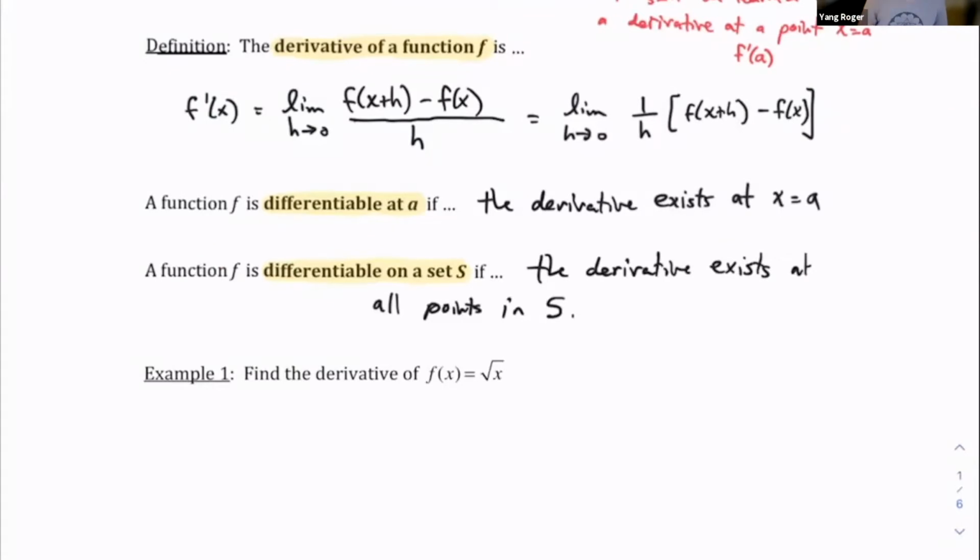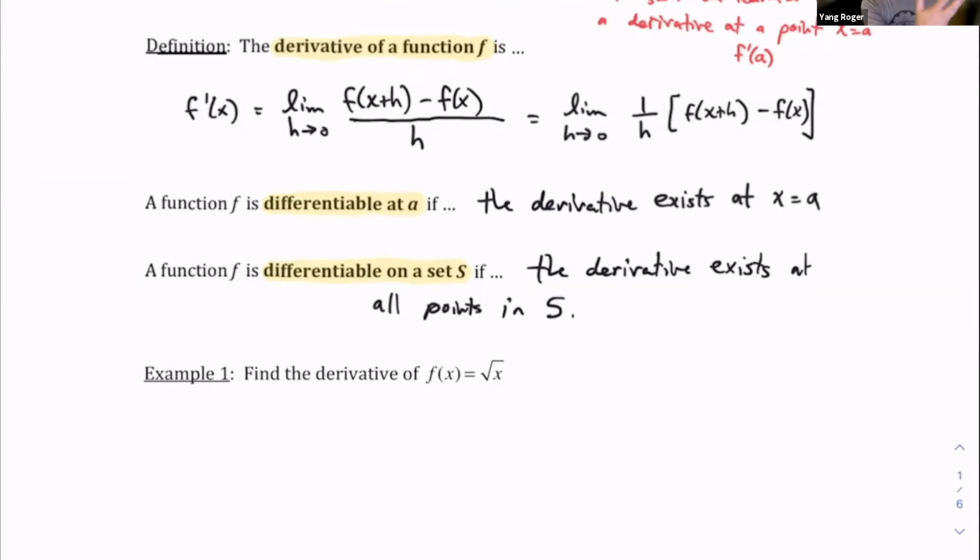So there's a couple bits of terminology. Differentiable is an adjective. So f of x is differentiable at a. It's describing a property of f of x. It's like saying f of x is young, or f of x is good looking, or f of x is wealthy.